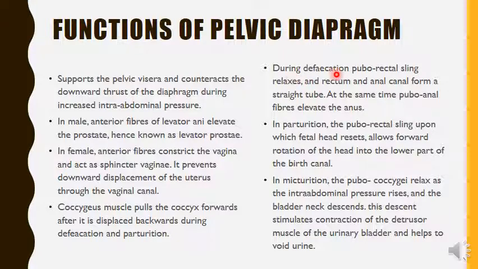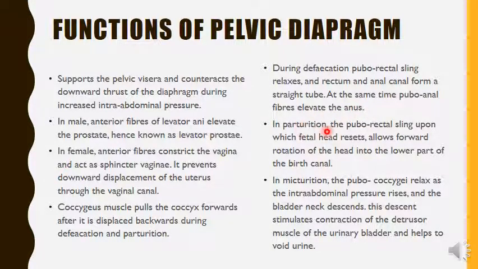Then during defecation, the puborectal sling relaxes and the rectum and anal canal form a straight tube, right? At the same time, puboanal fibers elevate the anus. So these fibers help in the process of defecation. That is one more important function.